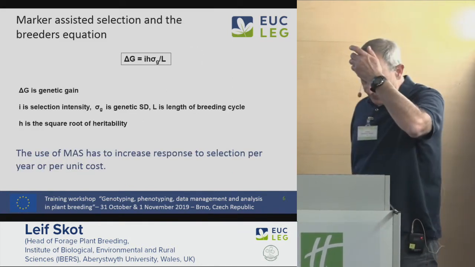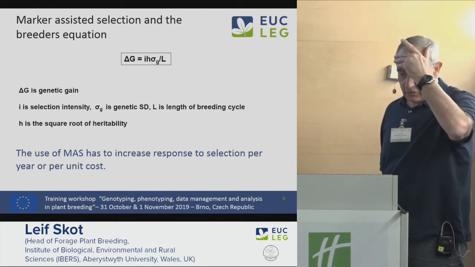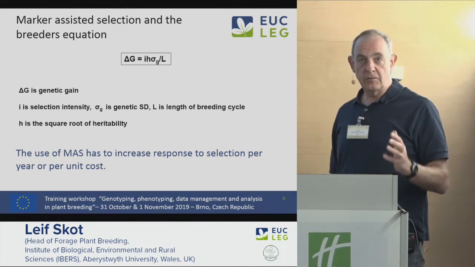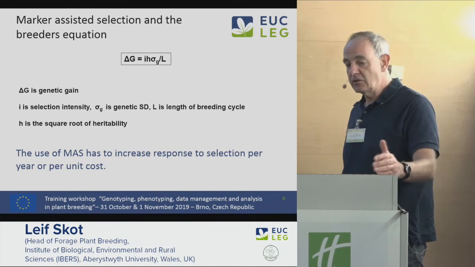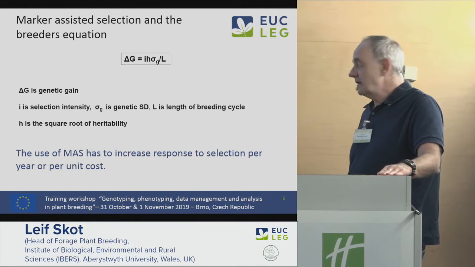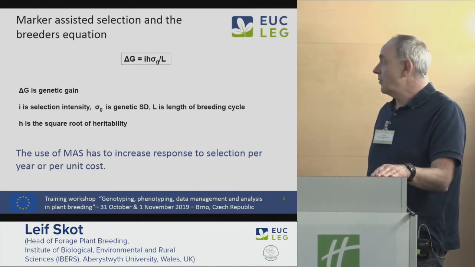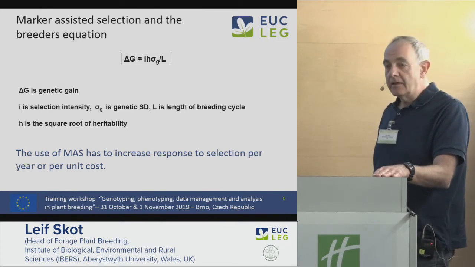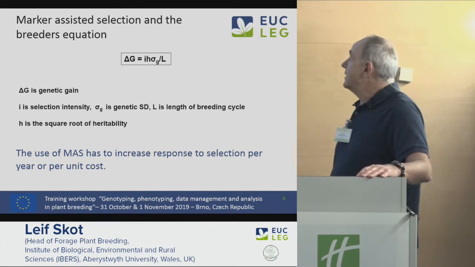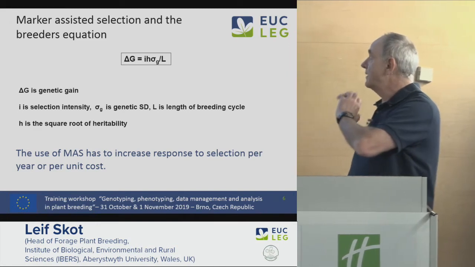Now, if I can go back to the breeder's equation and look a little bit at that. I'll go through something that is from another course that's held in the UK called Quantitative Methods in Plant Breeding. That's led by a guy called Ian Mackay. And like me, he's a little bit of a worrier. So he went back to the breeder's equation.